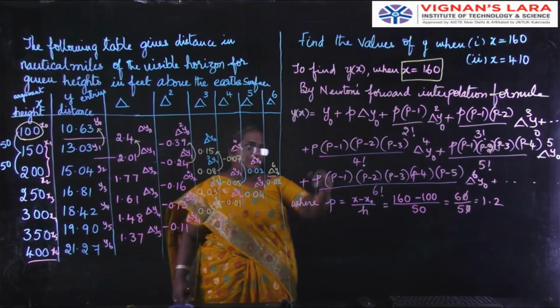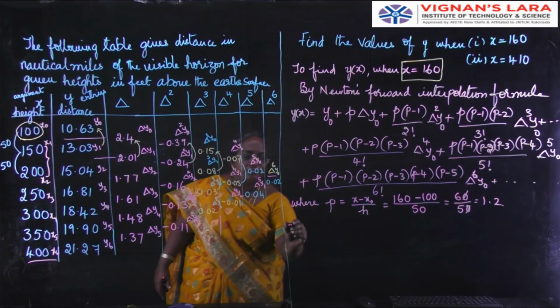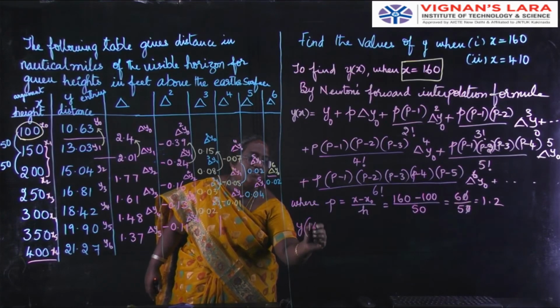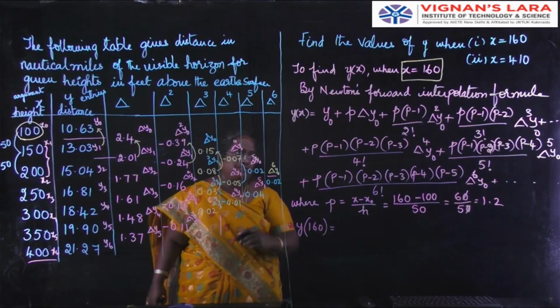Now we will substitute in the formula. Where did they ask us to find y? Y at 160 is equal to y naught.